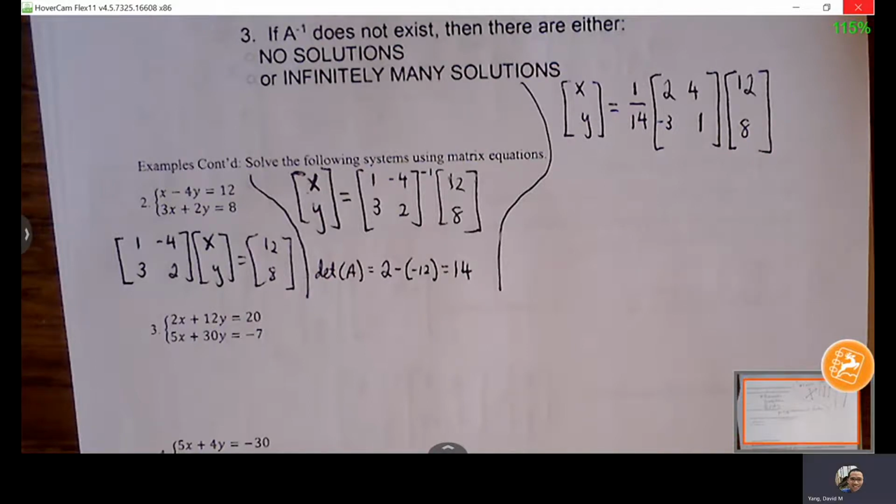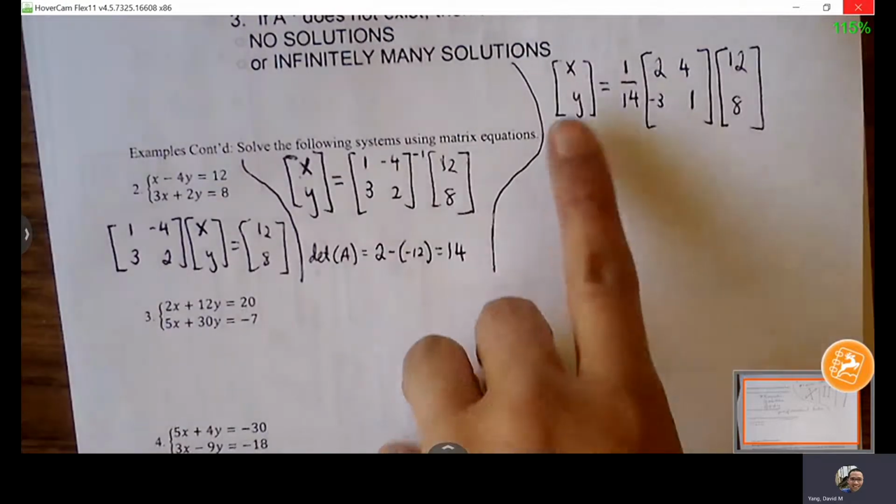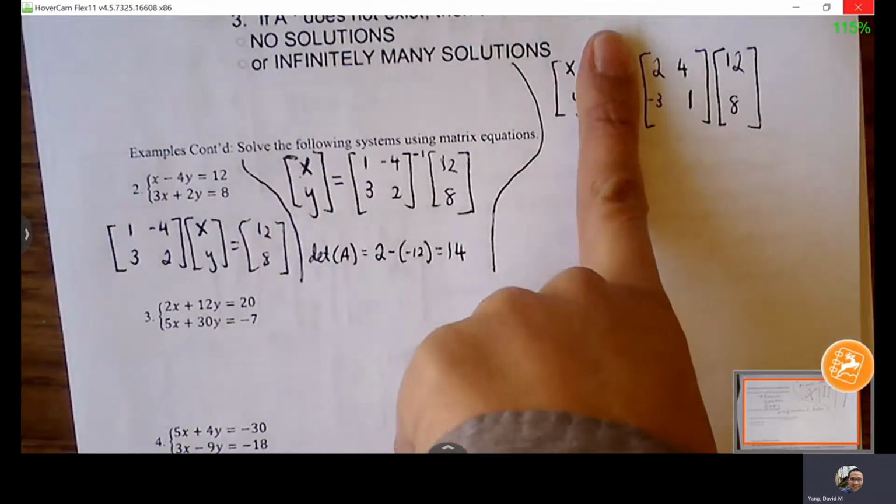Make sure that you're doing the full procedure of your inverse process, right? That you're swapping the A and D values, and that you're changing your B and C signs. Now, once you're here, my suggestion is ignore the 1/14.